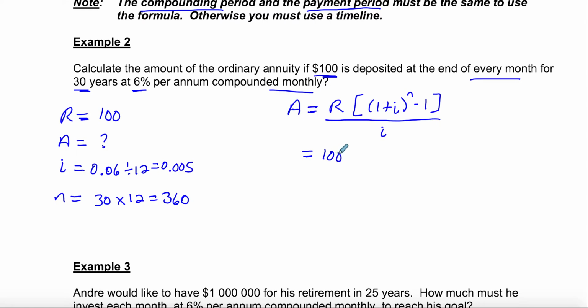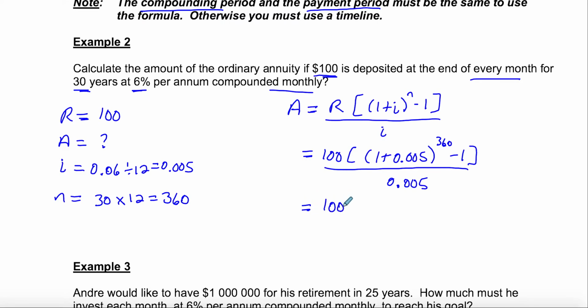So our regular payments are 100. 1 plus the I, which is the kind of thing we've seen before, to the exponent n, which is 360. And then we're going to minus 1 and divide by the interest rate, which is 0.005. So it's just a little bit more complicated, this formula.